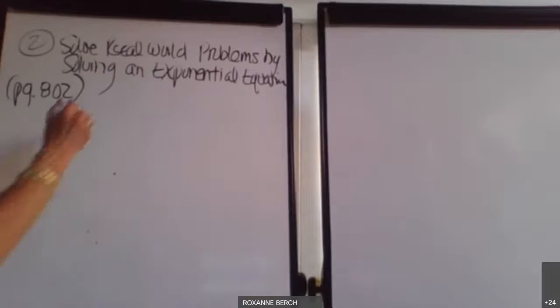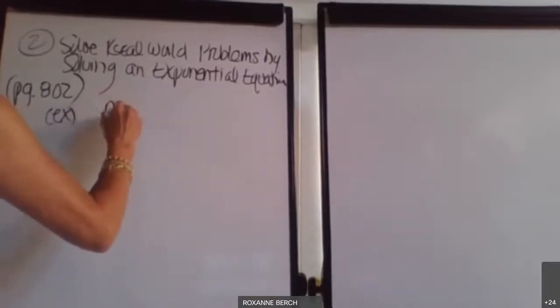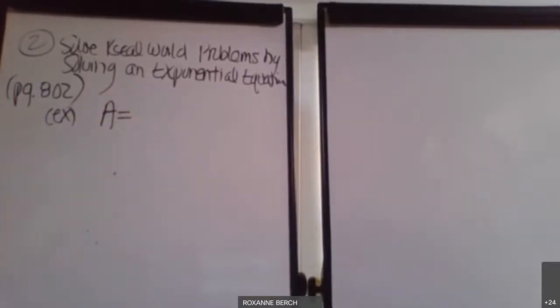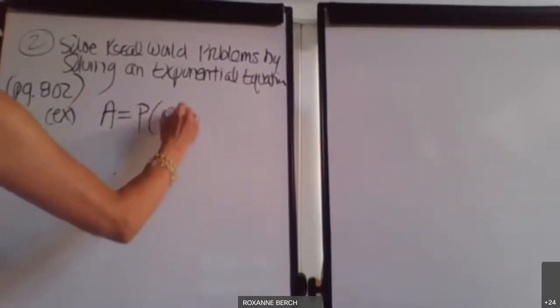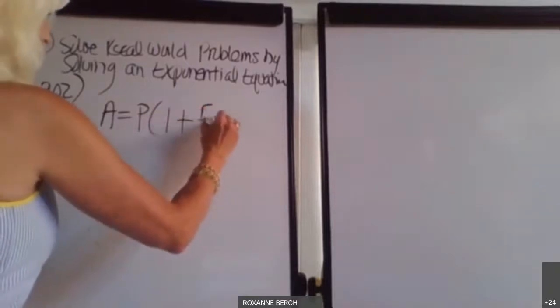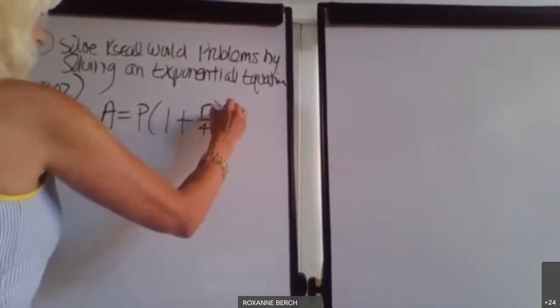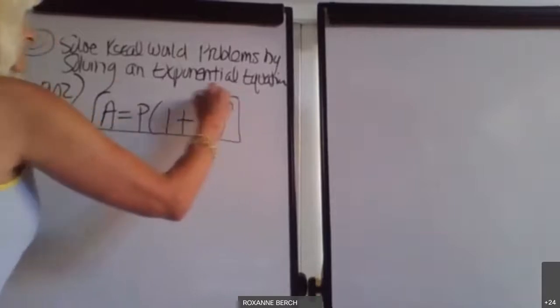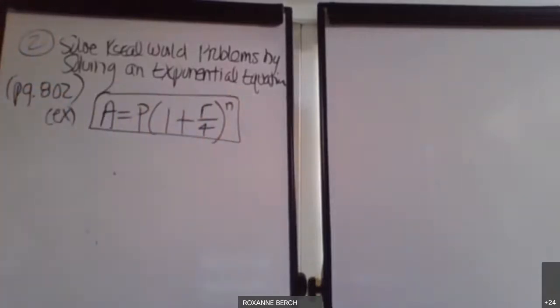A equals P. And notice these are all capital letters. P times the quantity 1 plus, what is it? 1 plus R over 4 to the n. Okay, so it says, suppose $250 was deposited.